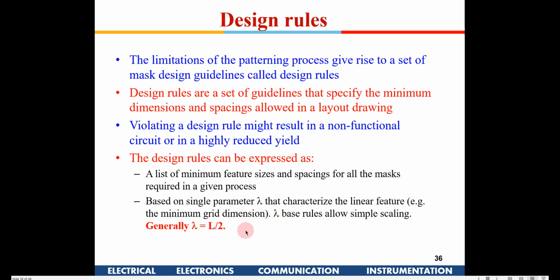Okay, so you have a certain parameter known as lambda, which is generally equal to L by 2. The basic design rules are specified in terms of lambda. Now we'll see that. So lambda is generally L by 2 here.